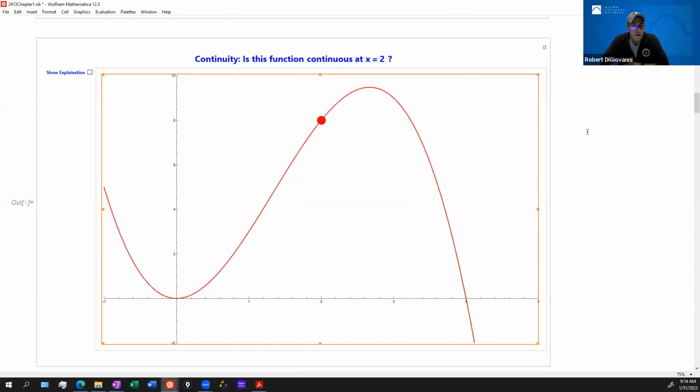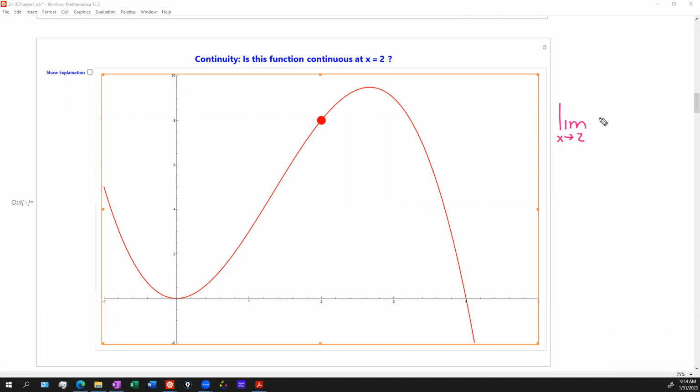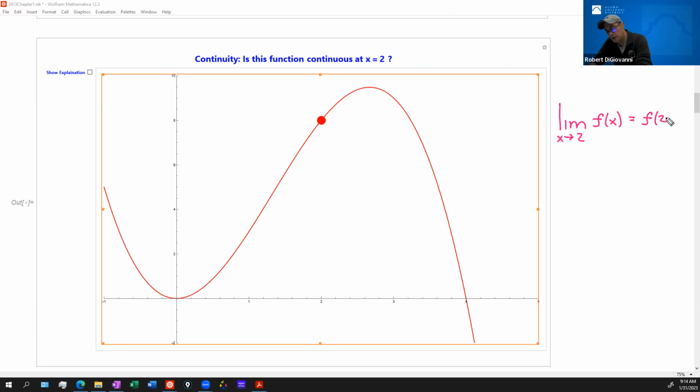Same question. Is this function continuous at 2? What do you think? Yes. Can you explain why, Marcus? Using the definition, can you explain why the limit is equal to the function? Yeah, the limit is equal to the function's value there.